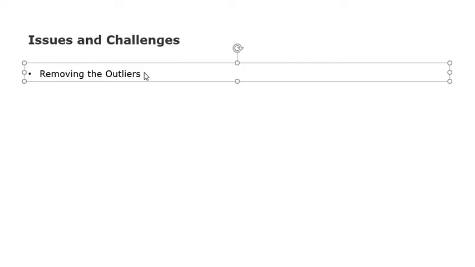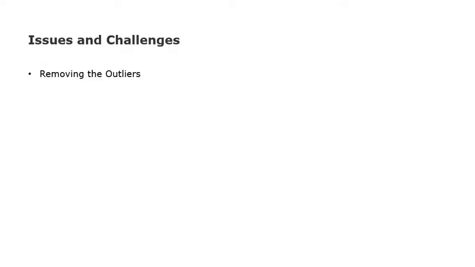Now coming to the issues and challenges: what issues we are supposed to solve in our problem. That means in our project, what might be the possible challenges that we may face. Number 1, we need to remove the outliers, because that's what most of the existing systems suffer from. Number 2, the model training should be done sufficiently so that the accuracy improves above 95%, and we will have to prove it.